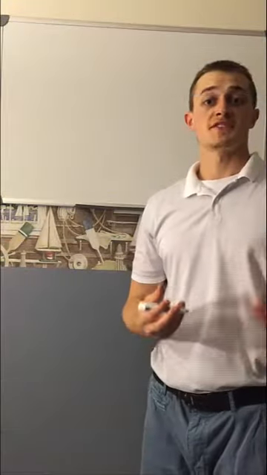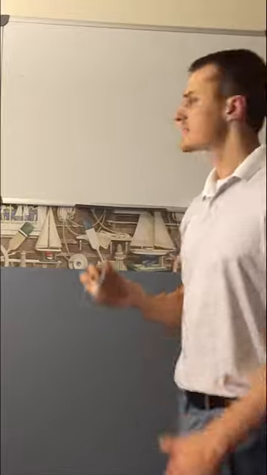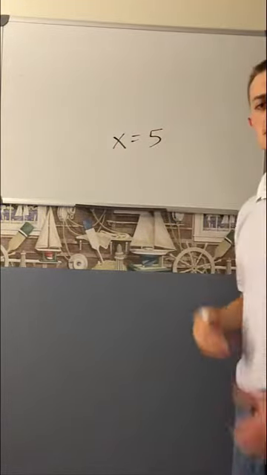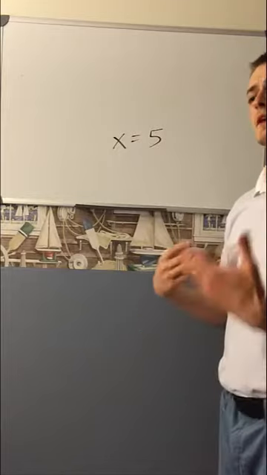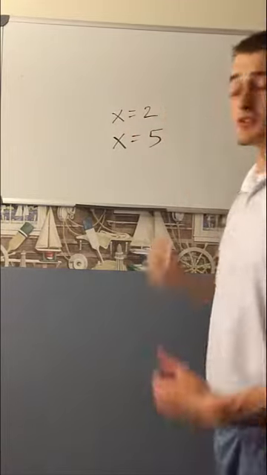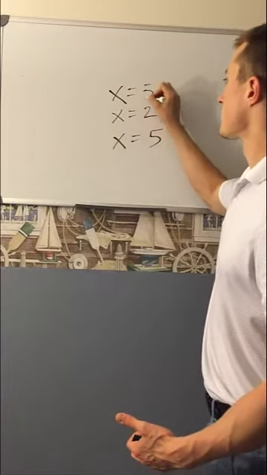Now real quick, what I want to talk to you about before we move on to our next example is that if you've noticed, the last example we had, we said that x was equal to 5, right? And before that, we said that x was equal to 2. And before that, we said x was equal to 3.